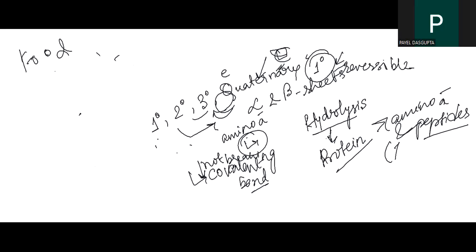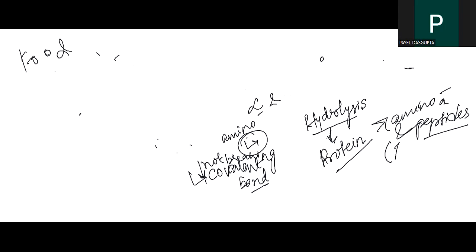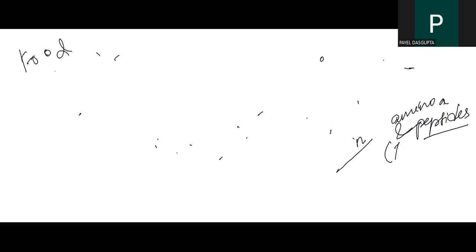Hydrolysis mainly affects the primary structure of the protein. It will be by the proteinase enzyme, and they will hydrolyze the proteins into amino acids and peptides. I will once again write it for your clear understanding.